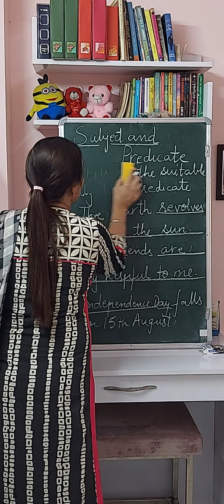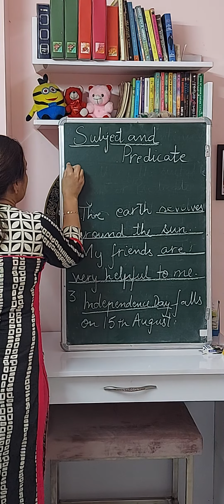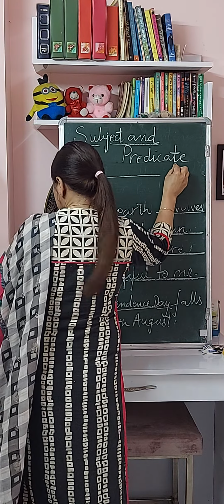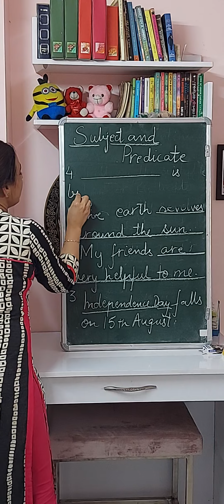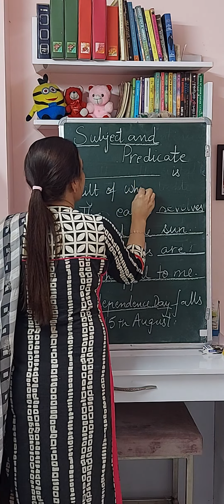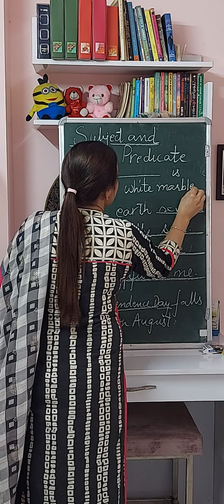Now moving on to the next sentence. Dash is built of white marble. Now, what clicks in your mind?